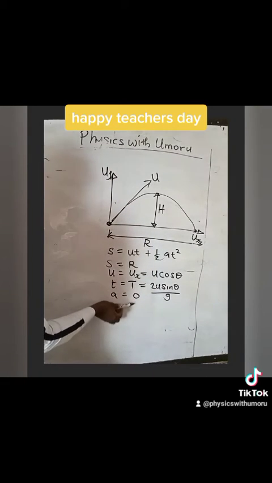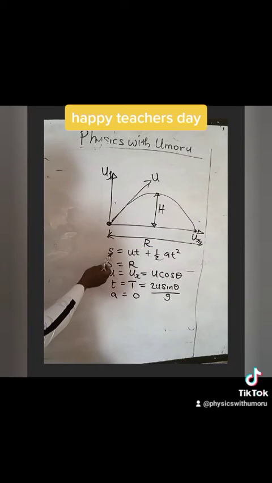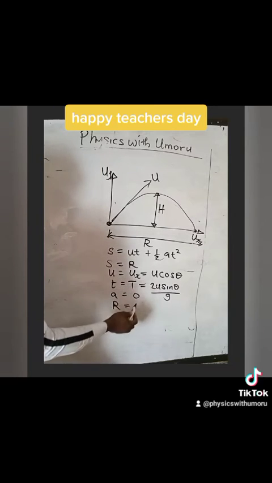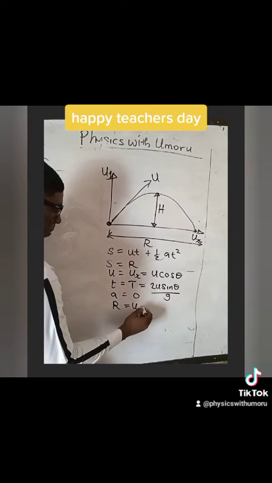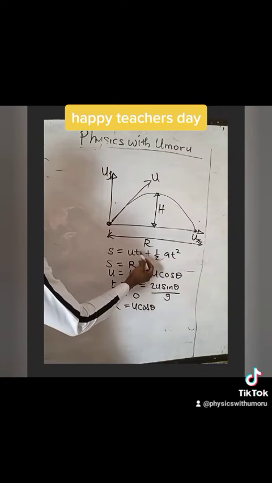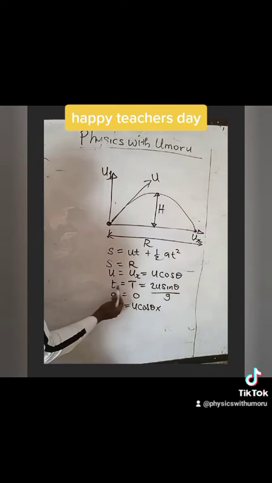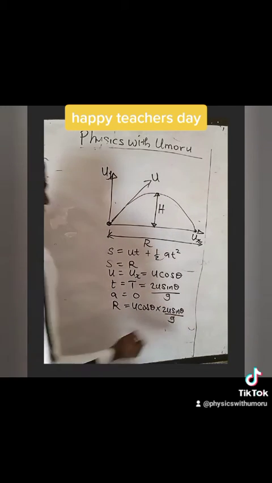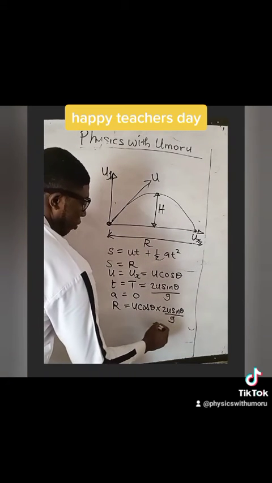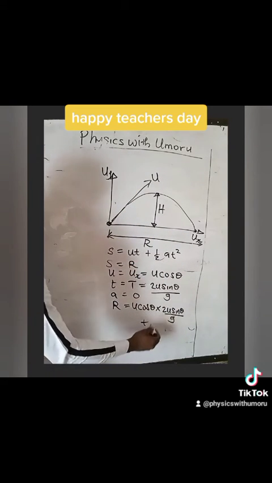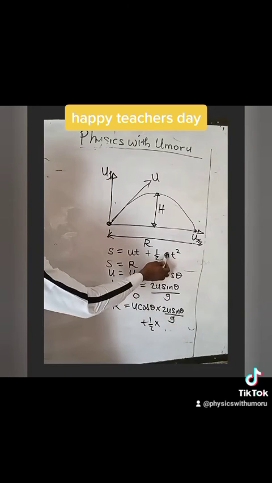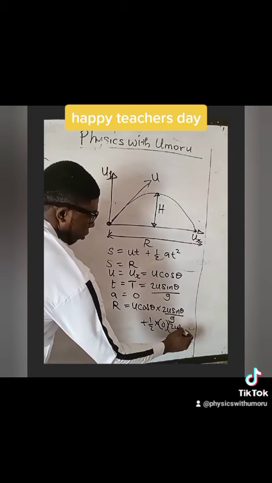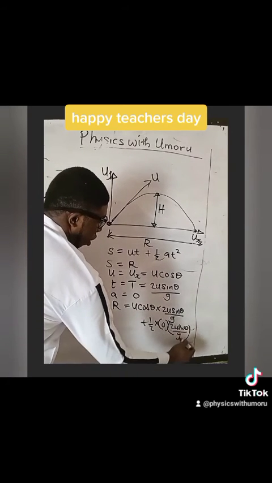Okay, so if we substitute these values into this equation, we have that s, which is r, is equal to u, which is u cos theta, times t, which is the time of flight, 2u sine theta all over g, plus half times a, which is 0, times t squared, which is 2u sine theta all over g, all squared.